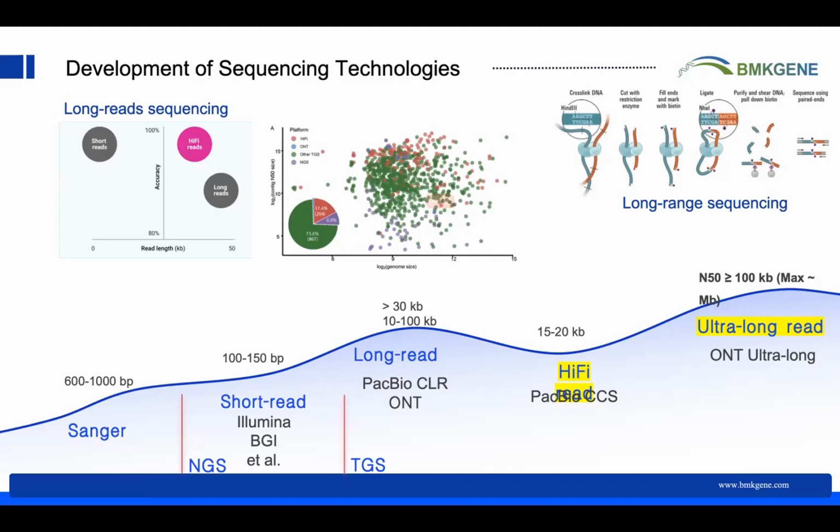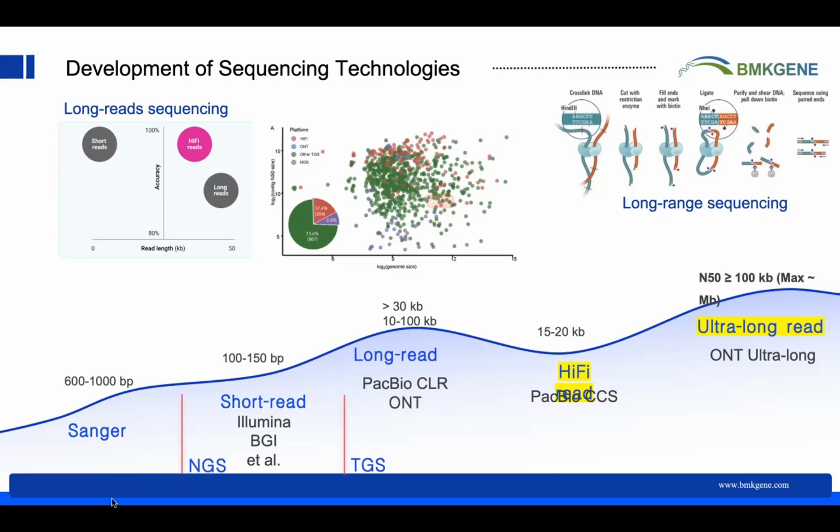But the disadvantage of this method is that the throughput is very low, even though it has very high accuracy and works as the gold standard for sequencing.